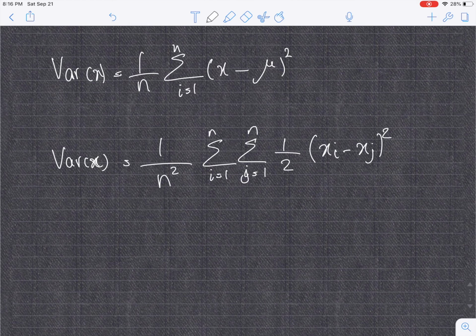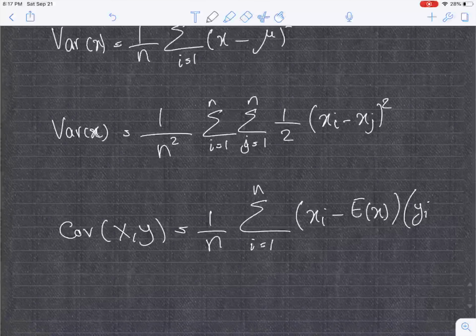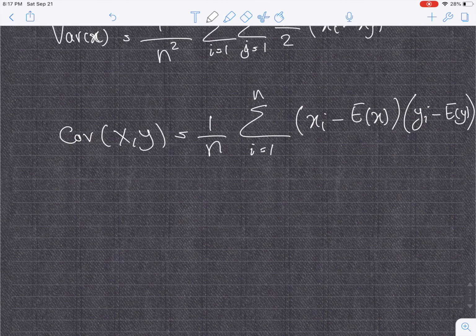It's going to be covariance of x and y equals 1 over n sum over i, the difference between the first variable xi and its average, times the variable yi minus its average. That is how we define the covariance.